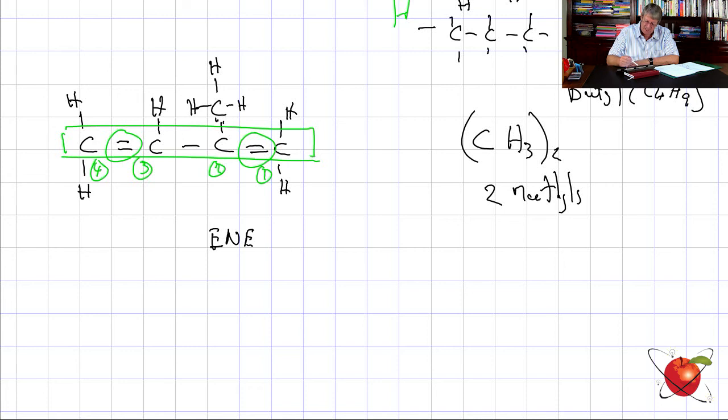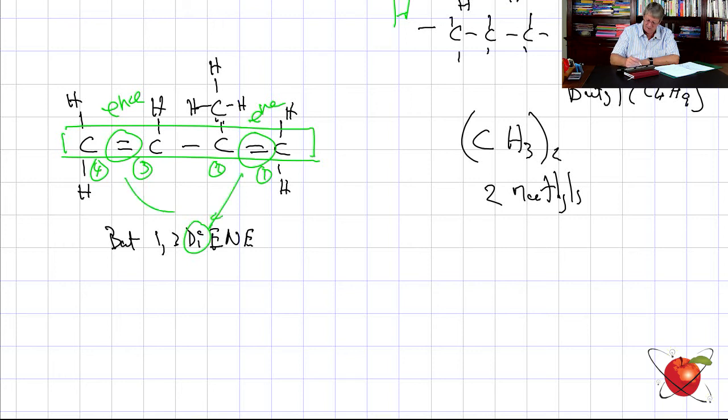The longest chain is 1, 2, 3, 4: meth, eth, prop, bute. And on 1 and 3, it's a diene. Here's an ene and here's an ene. So it's a diene because there are 2 enes, and the double bonds are located on carbon number 1 and carbon number 3. The next step is my side chains.